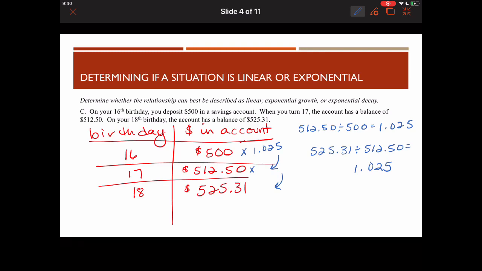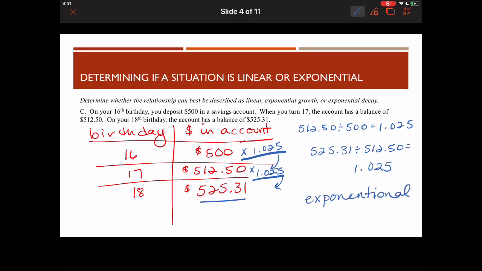So they round to be the same number. Use your calculator to check. Multiply $512.50 times 1.025, and you'll get this number here, $525.31. So because I'm always multiplying by the same number, that tells me that this is exponential.